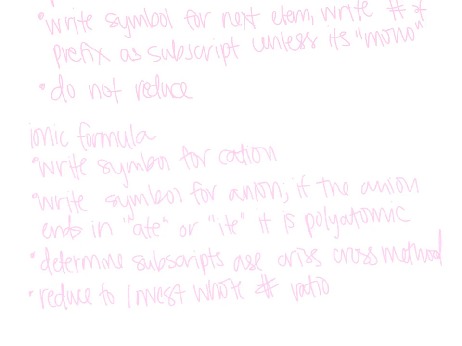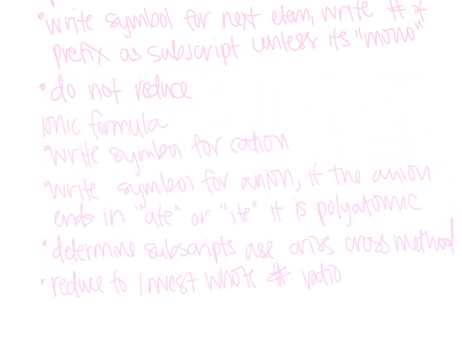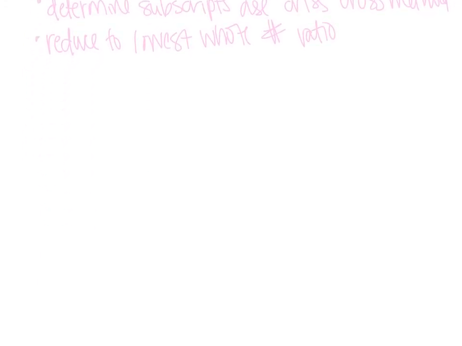Okay, so let's do some examples of these. First example, aluminum sulfate. So let's consult our handy dandy polyatomic ion chart. And we know just from our periodic table that aluminum is Al. And aluminum has a charge of 3 plus.